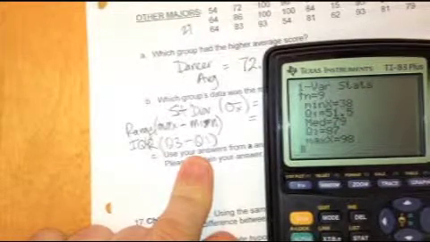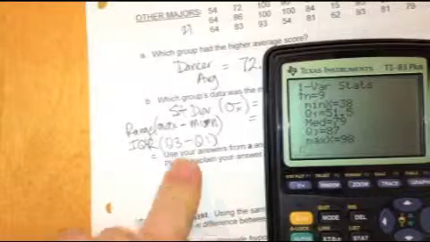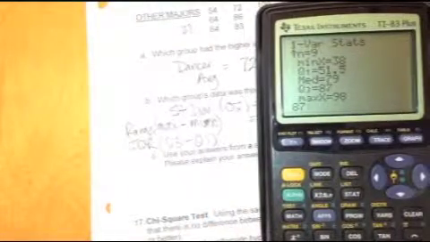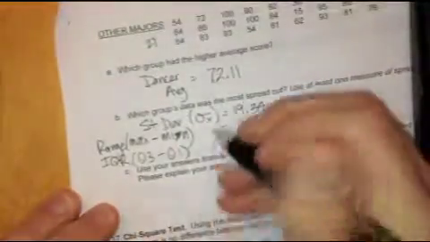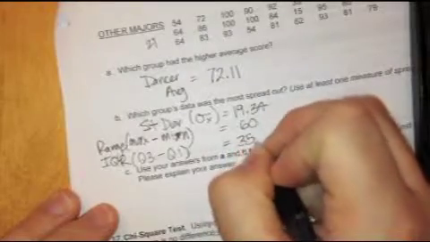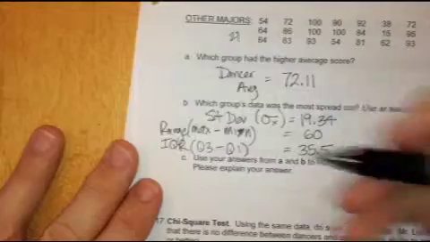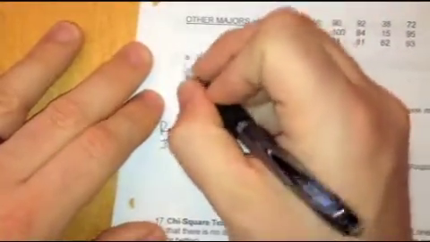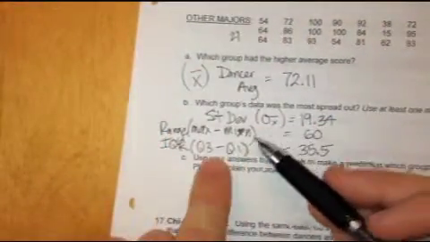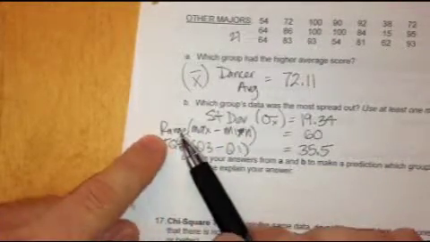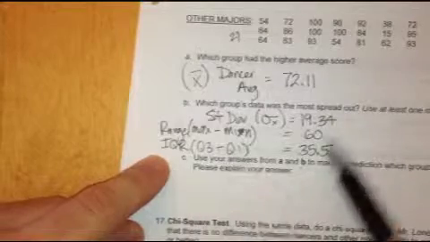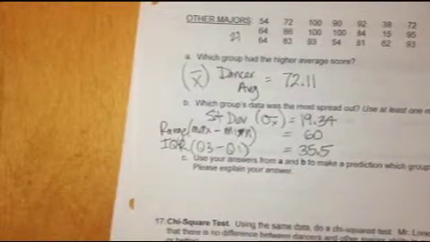I subtract them and I think I get, let's check, 87 minus 51.5, 35.5. So for dancers, I know their average, that was X bar. I know the standard deviation, the max and the min, Q3, Q1, and then calculated the range and the IQR just by plugging things into the calculator.